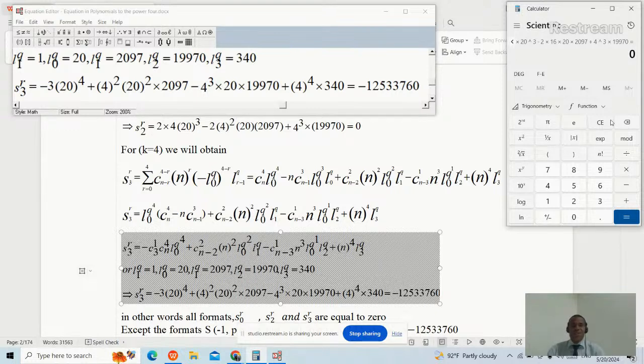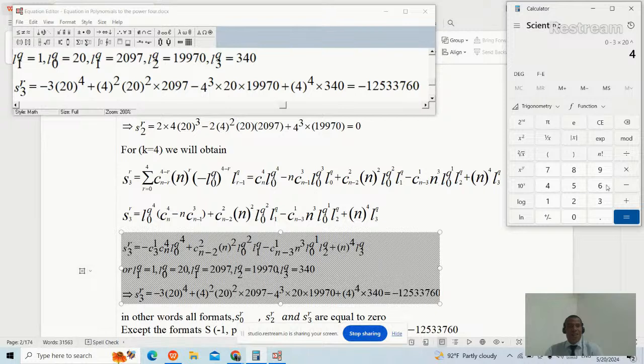Not only this, in fact, there are so many, but at this level we'll use this. So just write here minus 3 times 20 to the power 4. Why minus 3? Because minus 3 choose 1 is minus 3. Therefore, 4 choose 4 is 1. I will just write minus 3 times L0 of order q raised to the power 4.